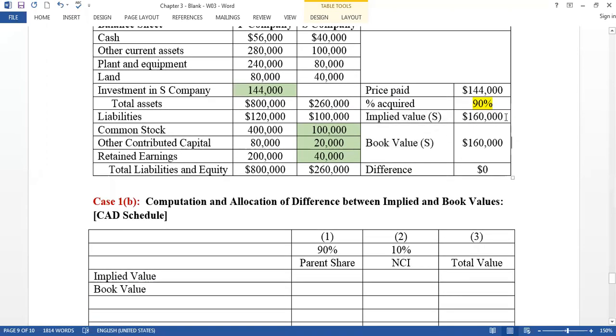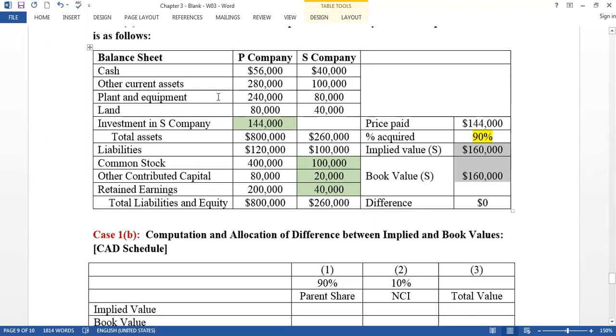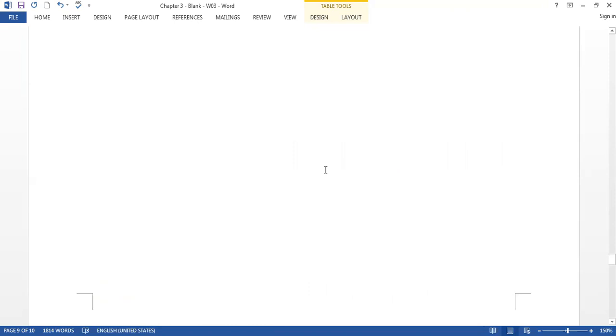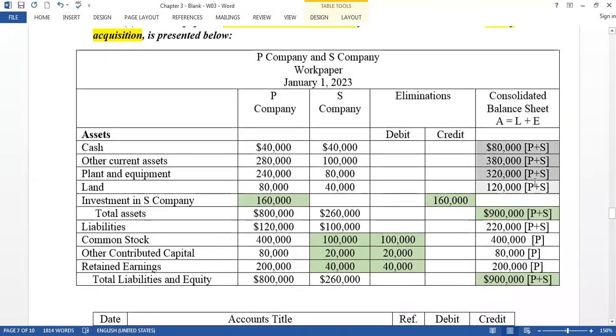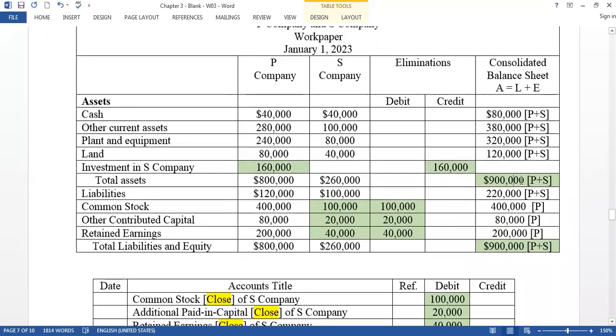This is the implied value of the subsidiary company, and this is the book value of the subsidiary company. But you cannot claim them 100%. Although we consolidate 100% of their assets and 100% of their liabilities, can you remember? Even if you purchase less than 100%, you have to consolidate 100%.